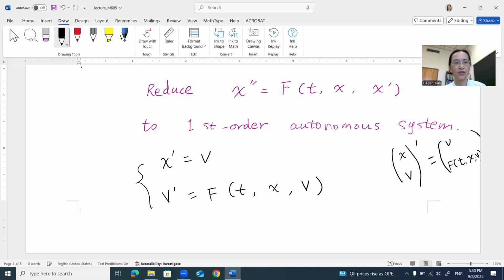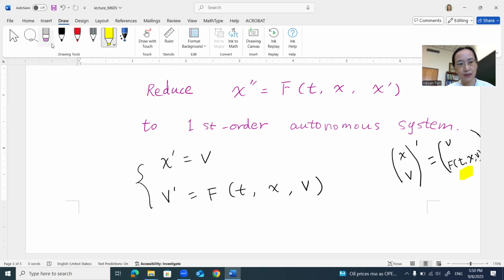However, this is not autonomous. The reason it's not autonomous is because this t variable is still appearing on the right-hand side.